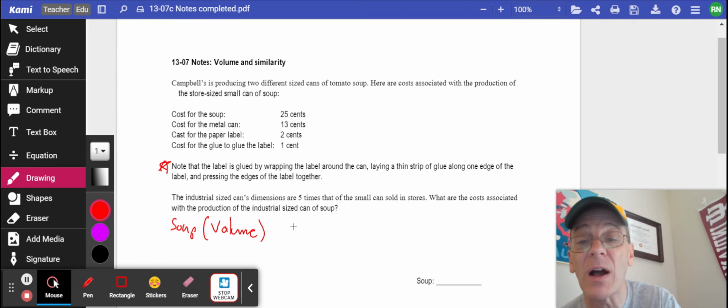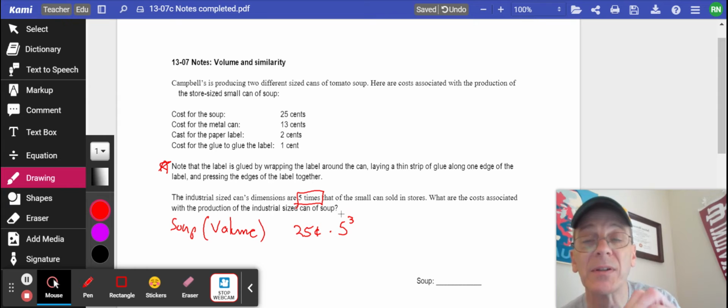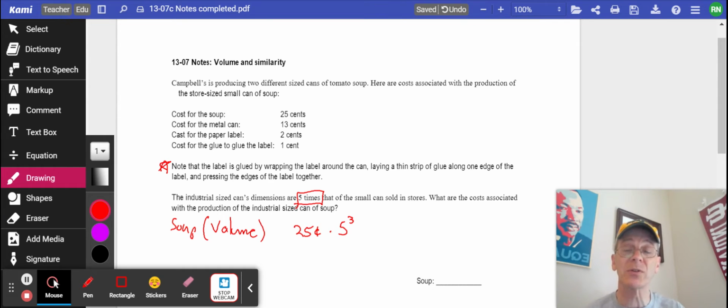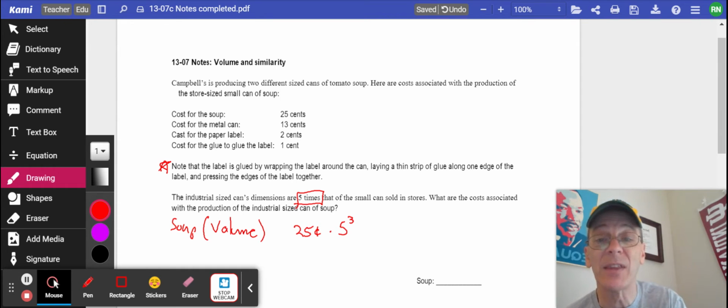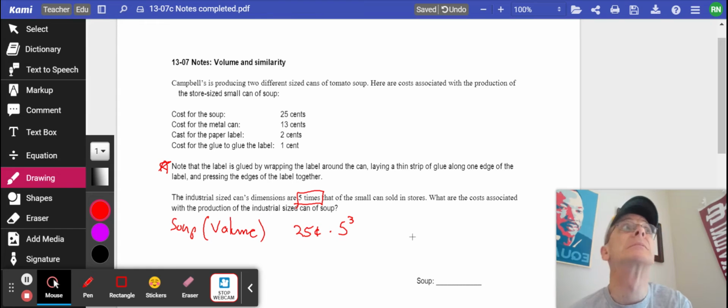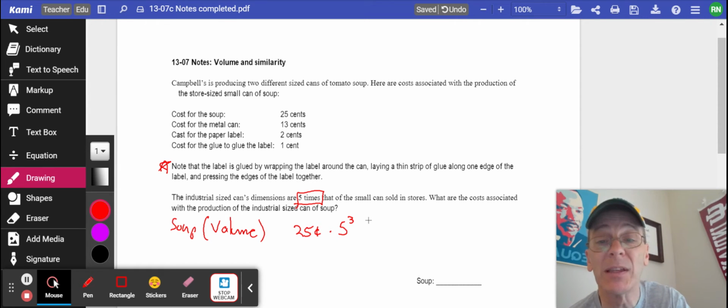And so its cost, 25 cents, is not going to be multiplied times 5, but rather times 5 cubed. Okay, volume is a cubic measure. And when you have similar things growing, the volume grows by the cube of the factor that the lengths are all growing by. 5 cubed is 125, and then times 25 cents, I believe that is 3,125 cents.